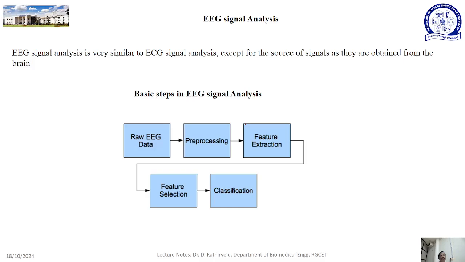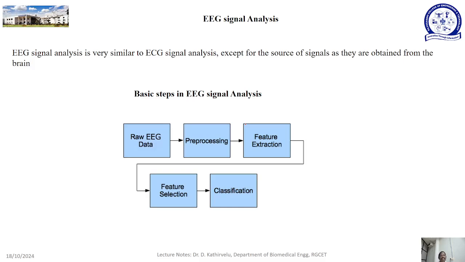In order to avoid misdiagnosis and improper treatment planning, it is essential that we present the EEG waveform to the neurologist in its pure form, free from errors, or flawless.